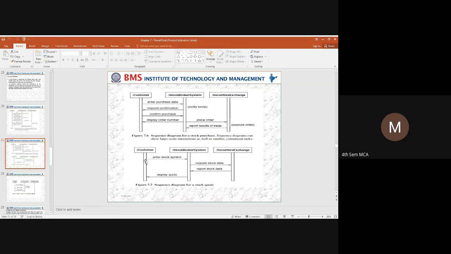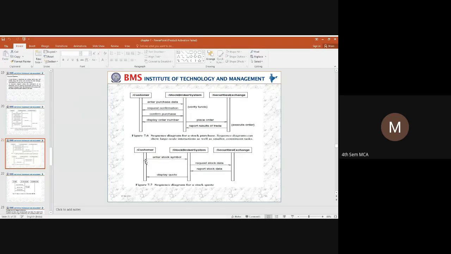Once he enters the stock symbol into the brokerage system, the brokerage system will send a message to the security exchange requesting the stock data. How many stocks are available, and whether that customer can purchase the particular stock.